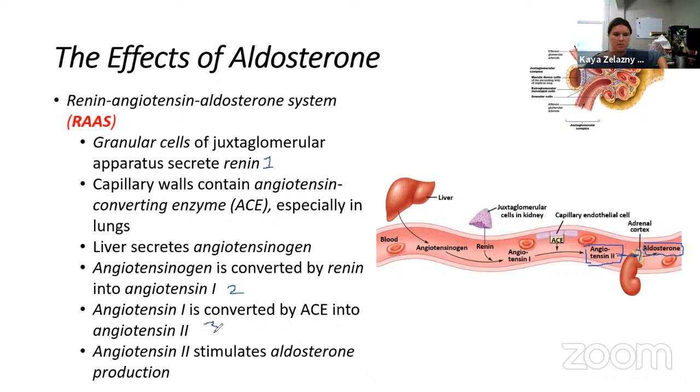And then 3 would be converting angiotensin 1 to angiotensin 2. 4 would be converting angiotensin 2 into aldosterone. So that's a useful flow, and these middle points are telling you other things you need to know to understand where that angiotensinogen is coming from and what ACE is. Okay.